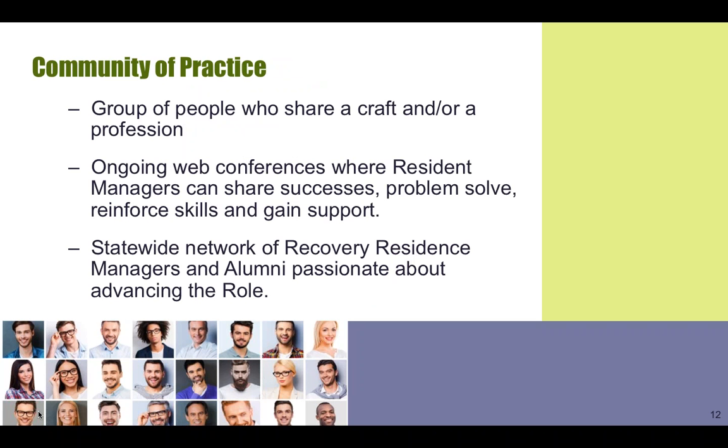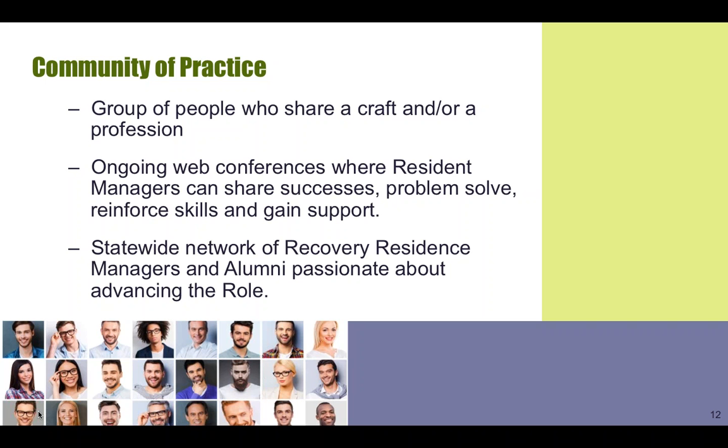Community of practice is a fancy way of saying a group of people who share a craft and/or a profession, like recovery residence managers. We'll be providing ongoing web conferences where residence managers can share successes, problem solve, reinforce skills, and gain support. It's when you go into the field and start using the skills and concepts that the questions come up.